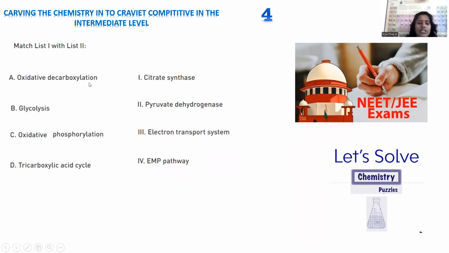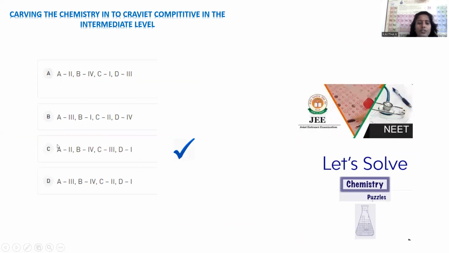Oxidative decarboxylation is the pyruvate dehydrogenation; the pyruvate dehydrogenase enzyme is required. Glycolysis requires the EMP pathway. Oxidative phosphorylation proceeds with the electron transport mechanism. For the tricarboxylic acid cycle, citrate synthase is required. For question number 4, option C will be the correct answer.